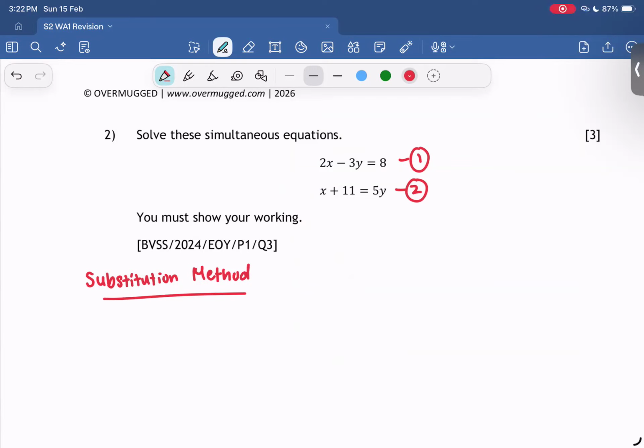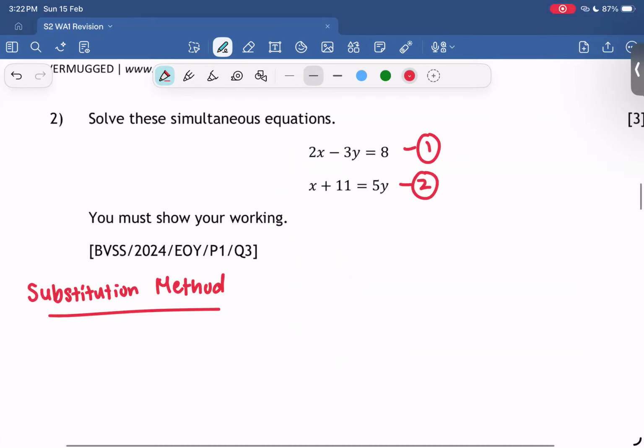For this question, let's see what to substitute inside. If you didn't realize, this question is quite nice because they give us x plus 11 equals 5y. So let's make x the subject for equation number 2. If I want to make x the subject, all my x must be on the left, and all the other numbers we must throw to the other side.